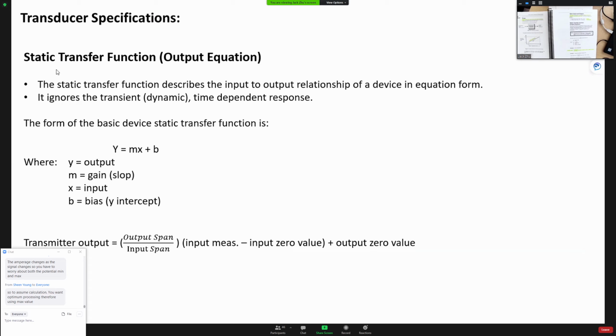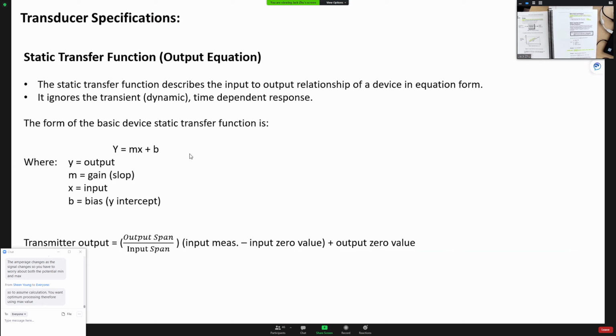This is a more academic term. They call it the static transfer function, the output equation. I don't require you to do this part. Something we want to show you here is that the static transfer function is the relationship in equation form. I will show you something that is much easier to understand.